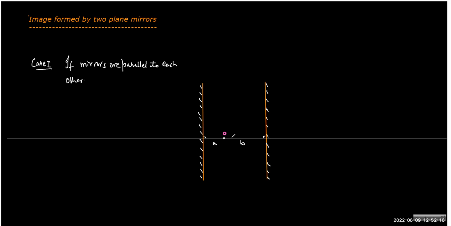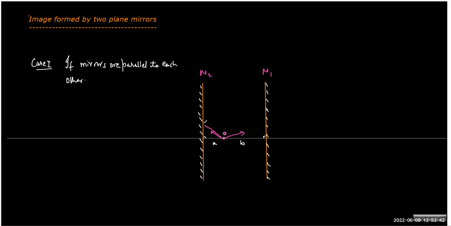First of all, light rays from the object will go in all directions. We'll first take the first incident ray for both mirrors separately. The light ray going right will be the first incident ray for the mirror on the right. Let's call it M1. The light ray going the other way will be the first incident ray for mirror number 2.